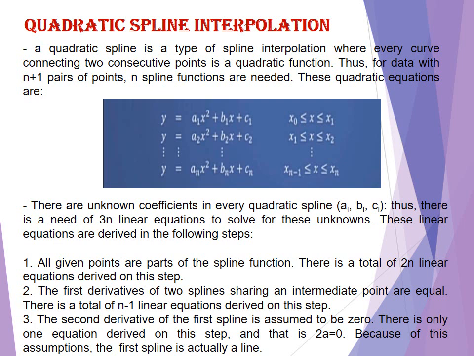So the first is 2n, the second is n minus 1, and the third is 1 equation. So if you add them all, what you get is 3n. And that's all. Thank you.